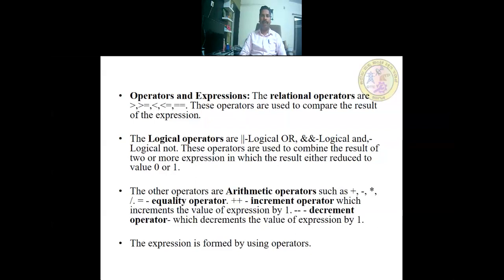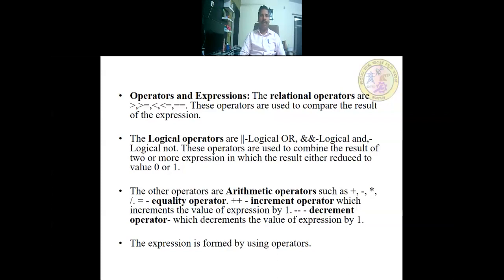These operators are used to compare the results of expressions. The next operators are logical operators, which are used to combine the results of two or more expressions, in which the result is reduced to either 0 or 1.